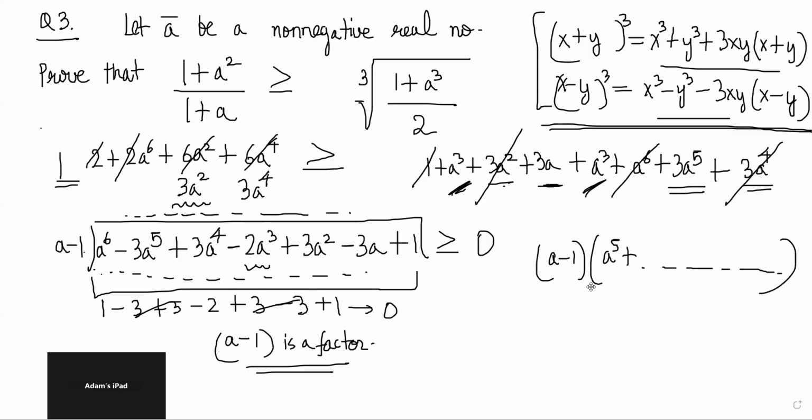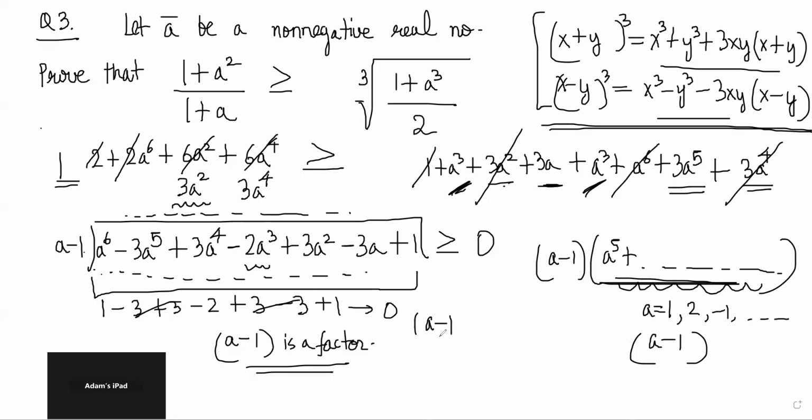Then I will check here again and see whether a is equal to 1 or 2 or minus 1 or something is a factor. You will realize that again a minus 1 will come out from here, because ultimately we got it as a minus 1 whole power 4 and a square plus a plus 1.